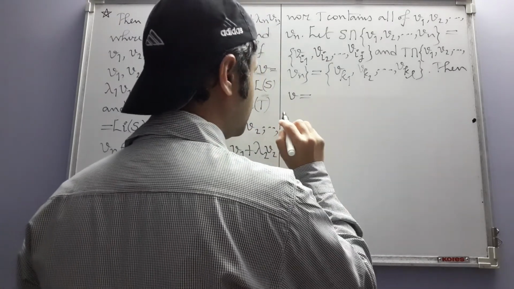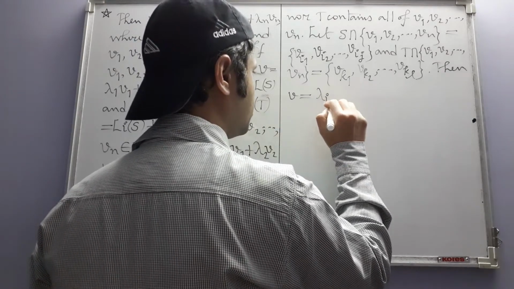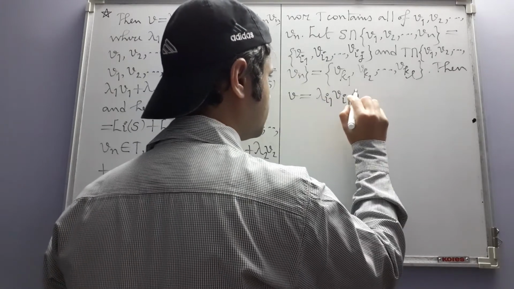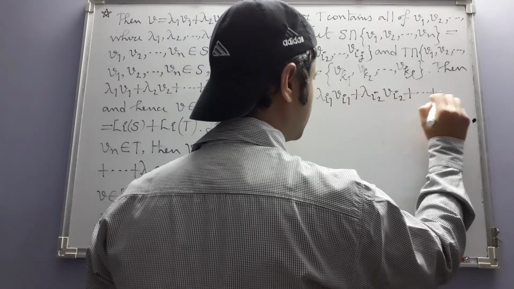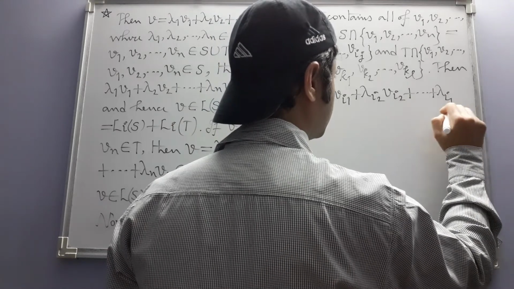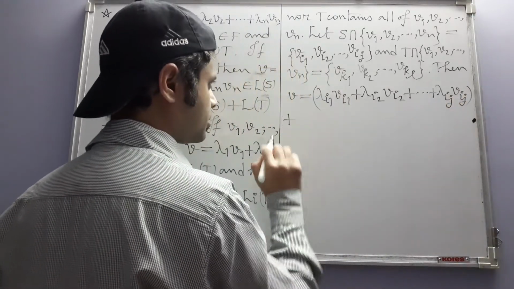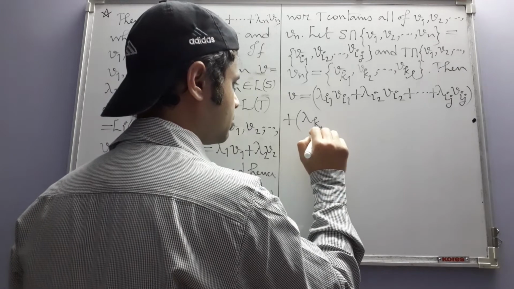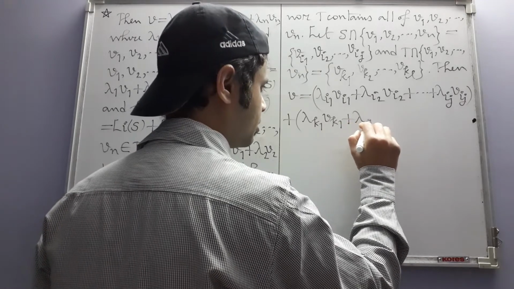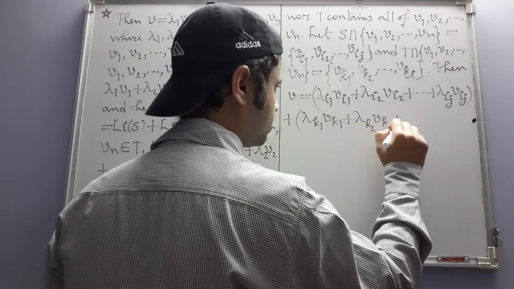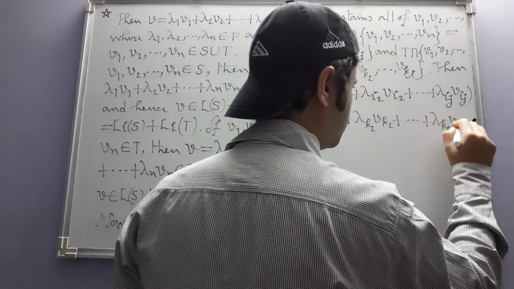Now V can be written as lambda i1 Vi1 plus lambda i2 Vi2, etc., lambda ij Vij, plus lambda k1 Vk1 plus lambda k2 Vk2 plus etc. plus lambda kl Vkl.